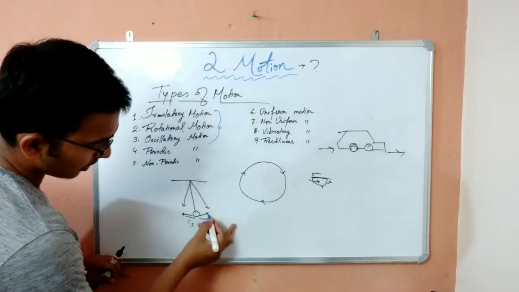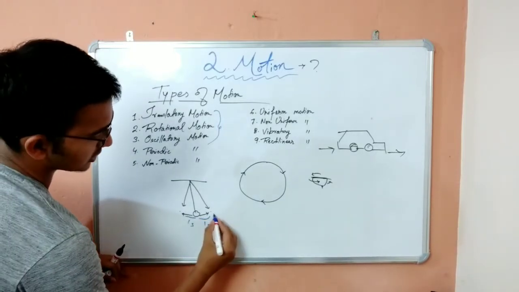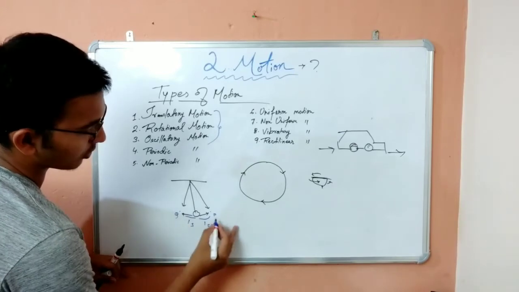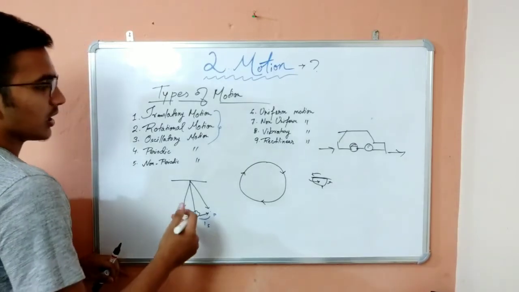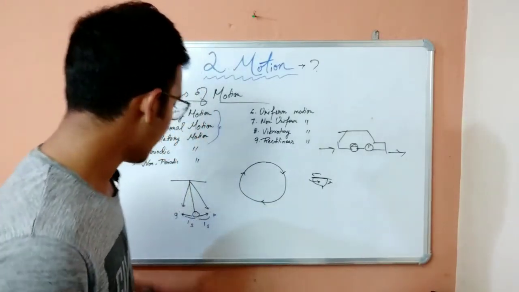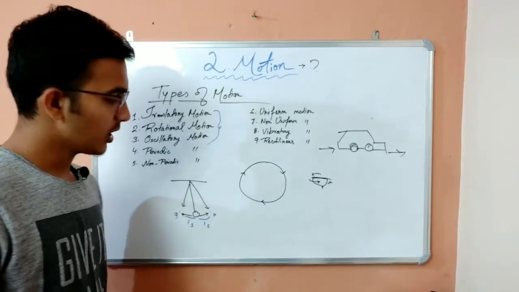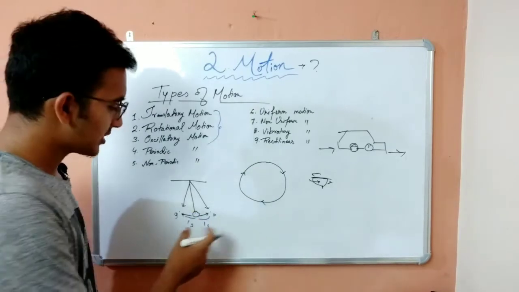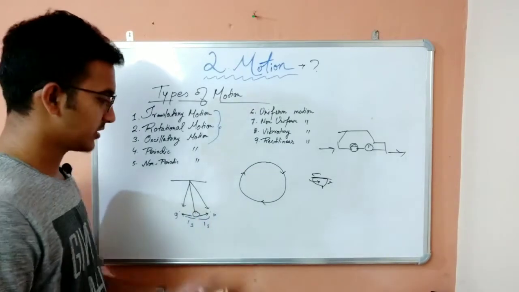So a pendulum moves from position, suppose this is the position P and this is the position Q, from P to Q in 2 seconds. Now you go to a shop and then you come back home and again pay attention to the pendulum. Will you find that the pendulum is now taking more than 2 seconds or less than 2 seconds?